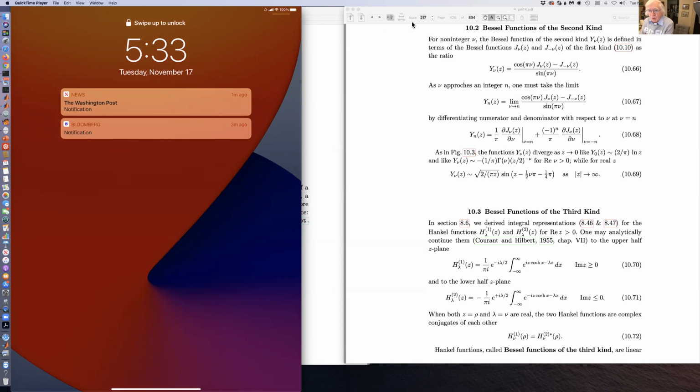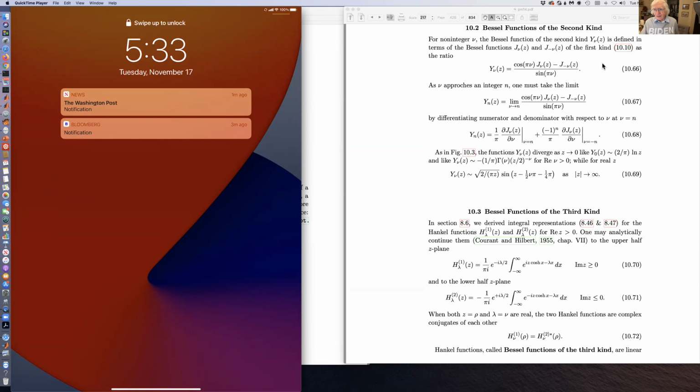In either case, one needs the Bessel functions of the second kind, which are represented as Y nu, nu being an arbitrary real number. In fact, you might wonder, why didn't we start with the integral Bessel functions, the Bessel functions of the second kind of integral index? Well, the reason is that they're more complicated than the ones of non-integral index.